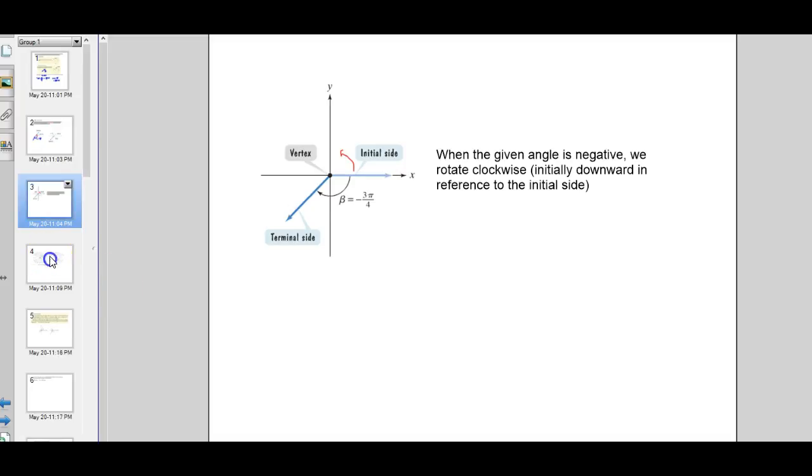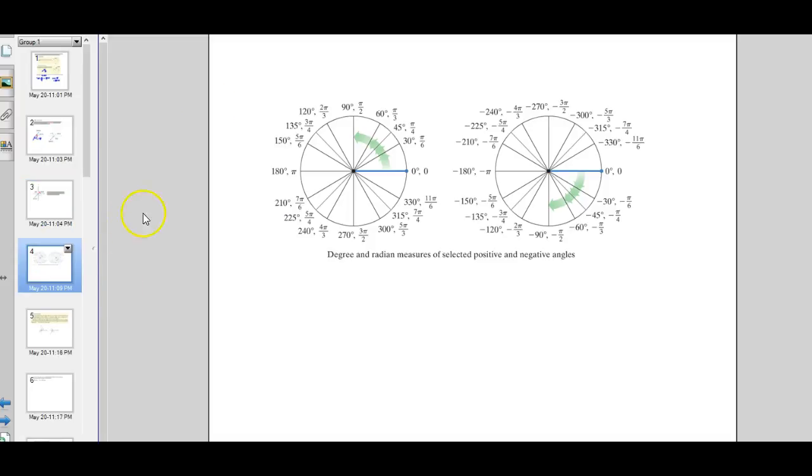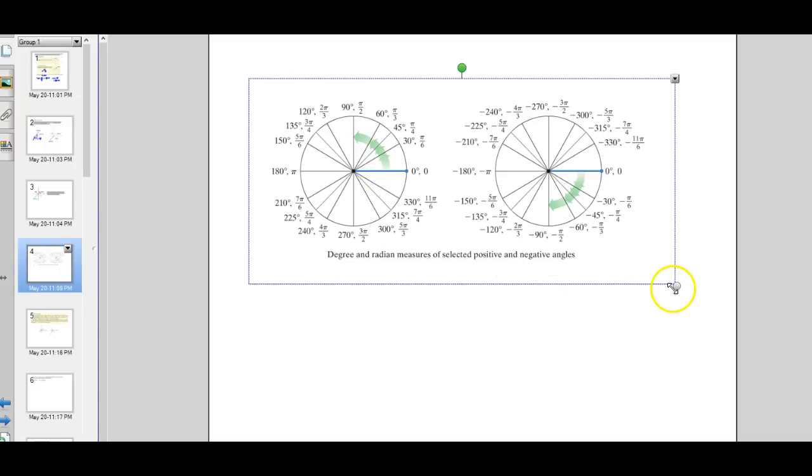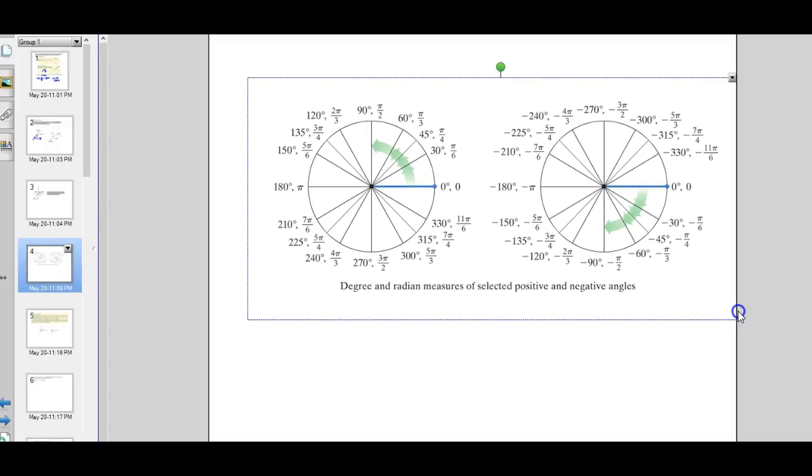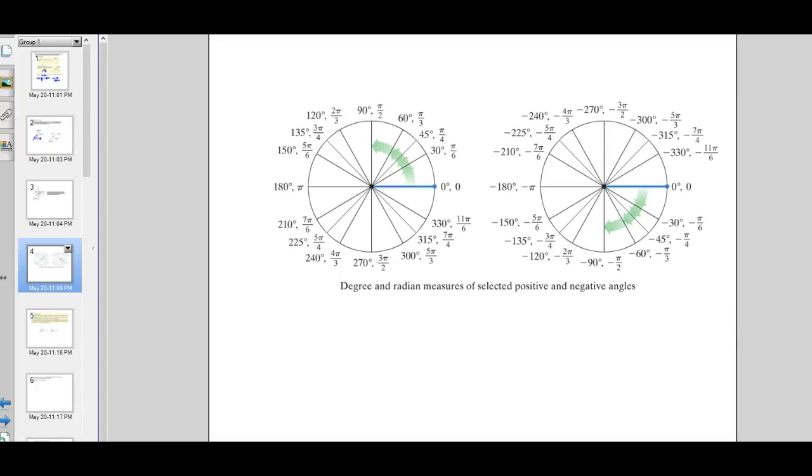Alright, now this is something I'm going to show you the slide, but I strongly encourage you to do this yourself. On Moodle, you will find a blank unit circle, and all of these values are missing. Like, you don't know what these angles are. Okay? And I strongly encourage you to go in there and do this yourself.